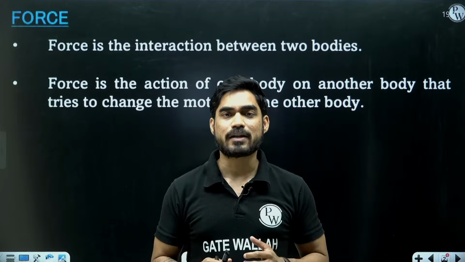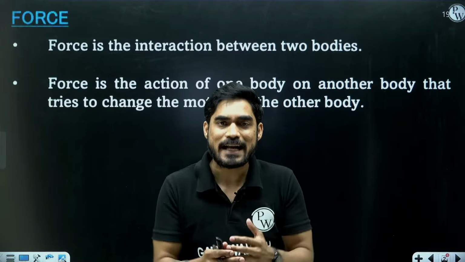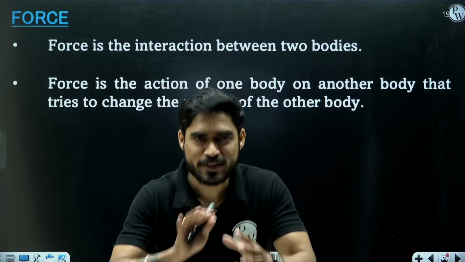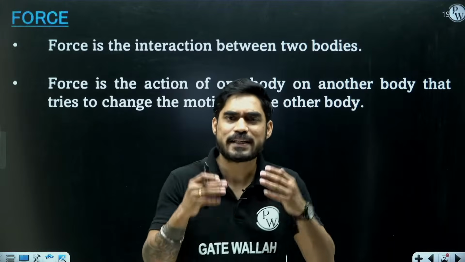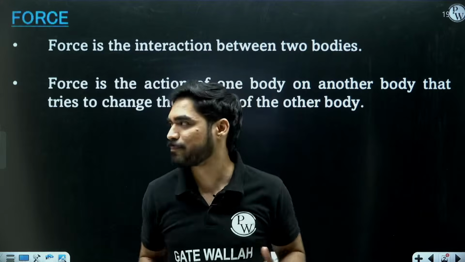All these members are applying force to each other. They are actually interacting with each other. They are pulling each other, pushing each other, and this pulling, pushing, rubbing is denoted by force. So force is a way of showing the interaction between two bodies, right?